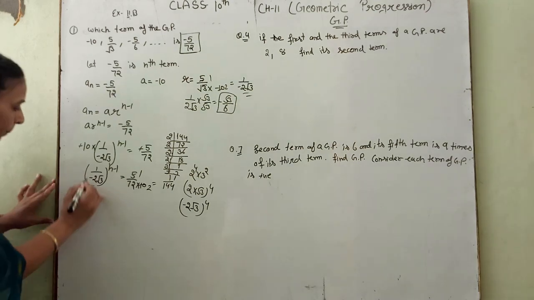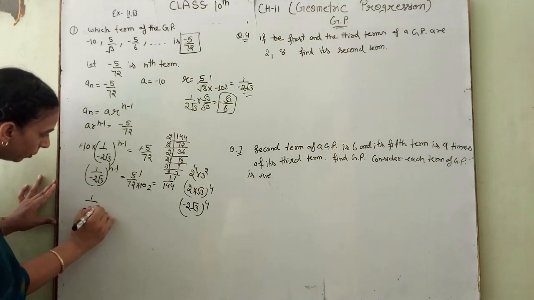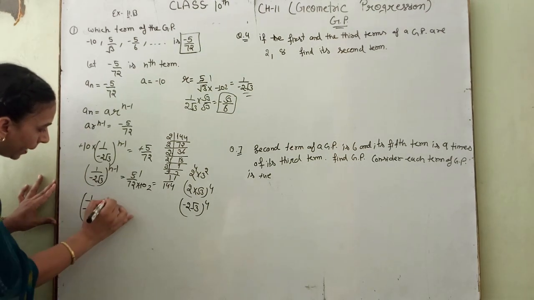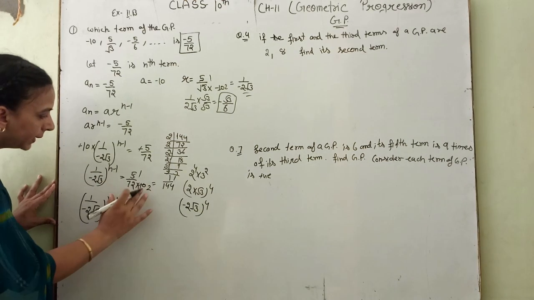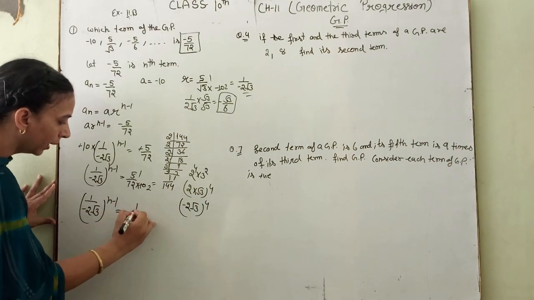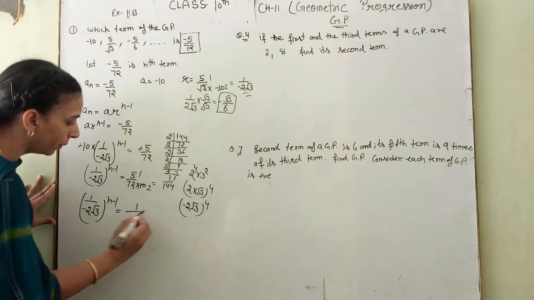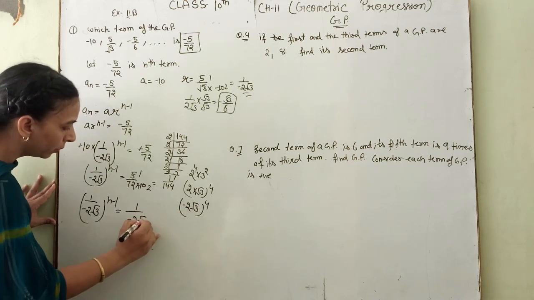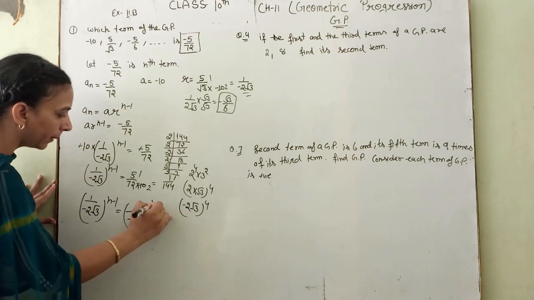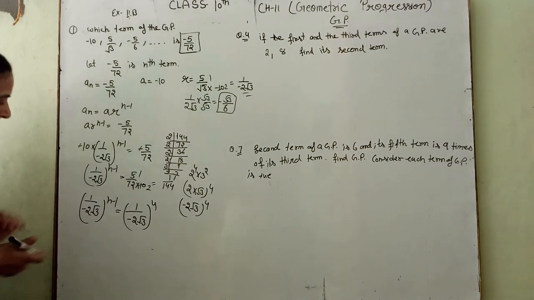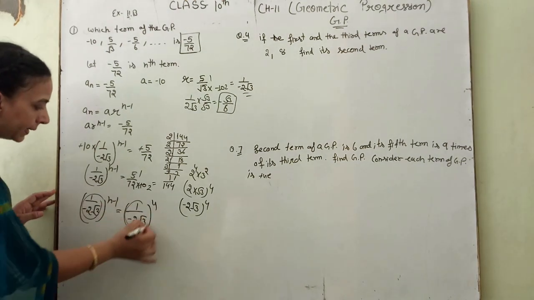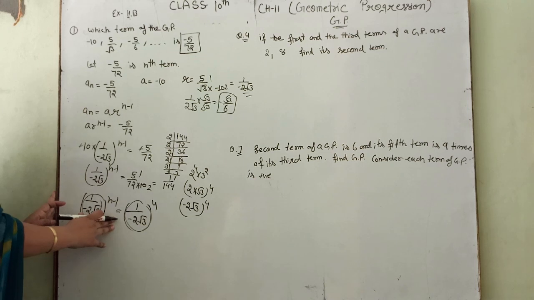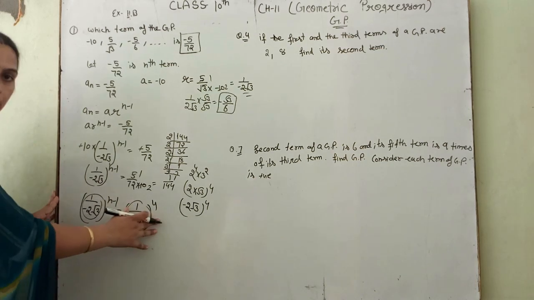So 1 by minus 2 root 3 raised to the power n minus 1 equals 1 by 144, and in place of 144 we write minus 2 root 3 completely raised to the power 4. Okay, the base is the same and the values are equal, so the powers are also equal.